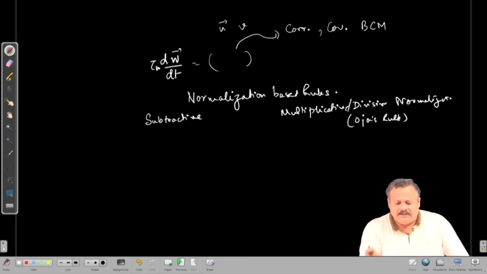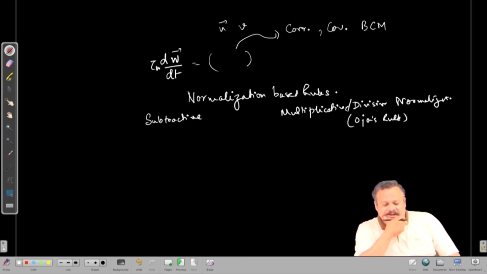However, we must also say that these rules that we will talk about, the subtractive and multiplicative rules, are not totally biologically grounded. As we will see, the subtractive rule somehow requires information from all the synapses to each of the synapses, which may be plausible, but there is no evidence in support of that.